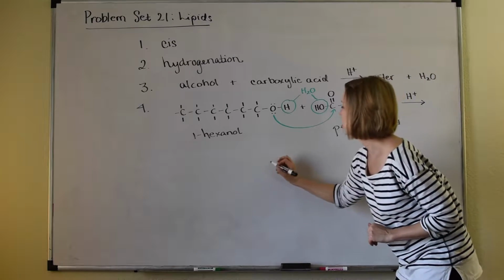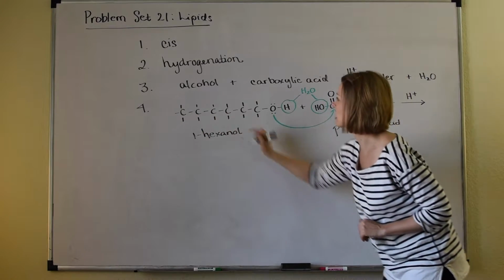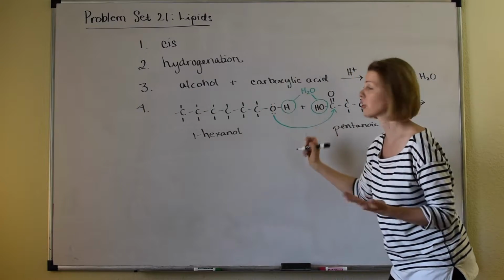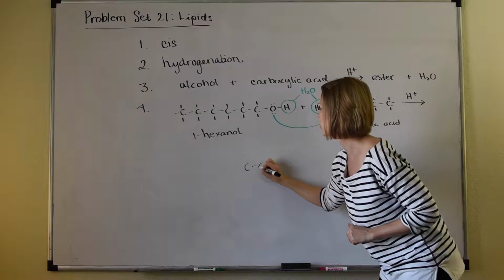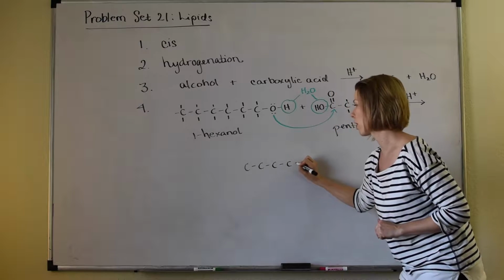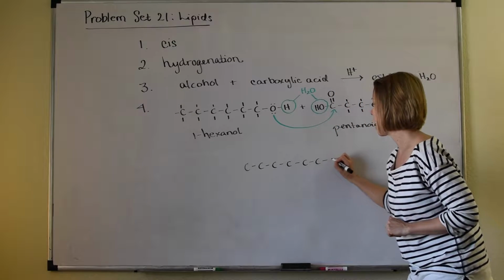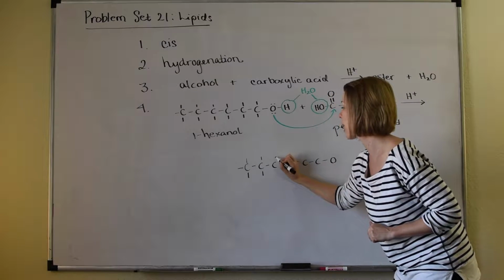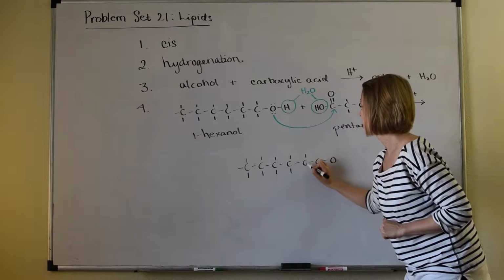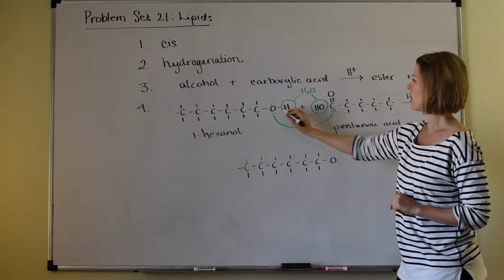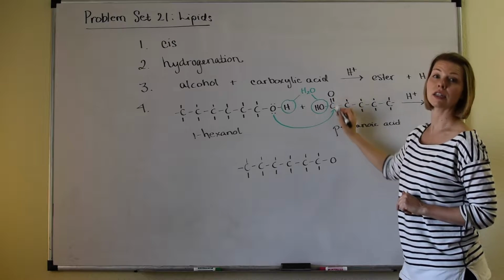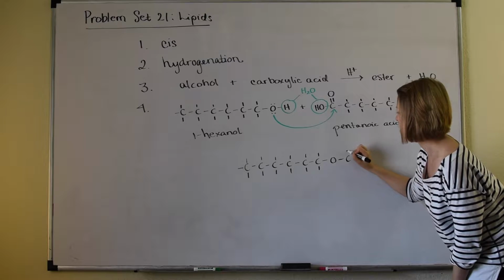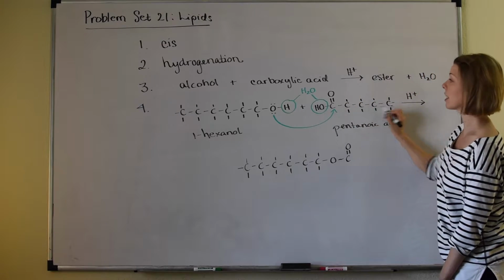So let's draw our ester here. So it's going to have 6 carbons. Nothing here changed. The only thing that got chopped off here is your hydrogen. So just draw all 6 carbons, 1, 2, 3, 4, 5, and 6, and your oxygen. And I'll go ahead and put my lines to my hydrogen. Okay, now this new bond has formed to the carbonyl carbon. So bond to the carbonyl, and then nothing here changed.